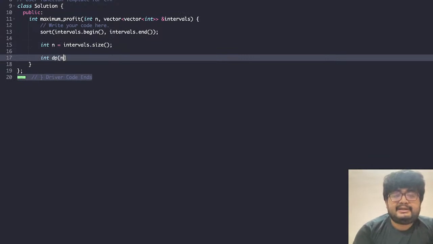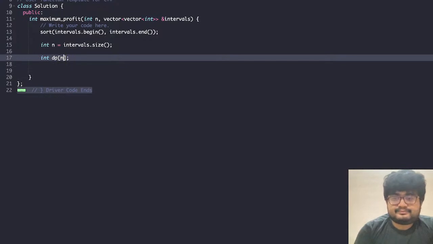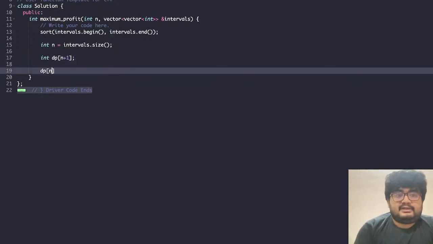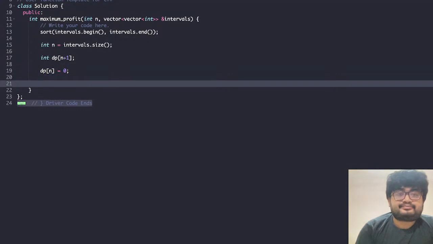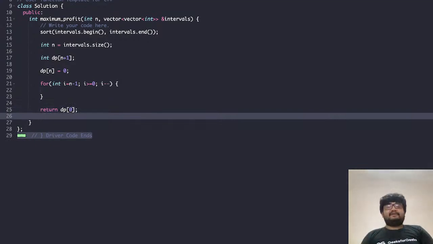Int dp n plus 1. dp of n equals 0. For int I equals n minus 1, I greater than or equal to 0, I minus minus, and finally we'll return dp of 0. Right, dp of 0 is the answer.